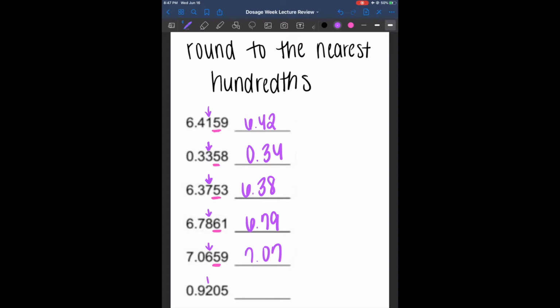This next one, we're looking at our 2, but we're basing it off the 0. Now, remember, 0 to 4, you just drop the relationship and just have 0.92.